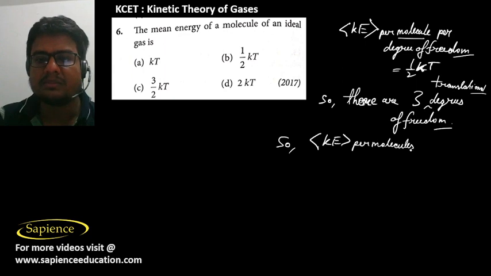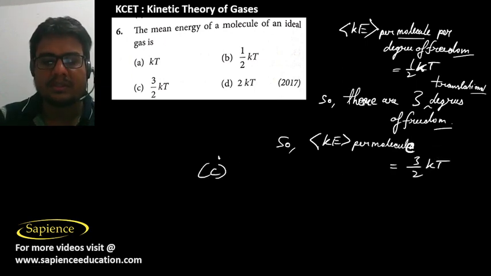So the kinetic energy per molecule of the ideal gas will be equal to 3 by 2 kT. So option C is the correct answer.